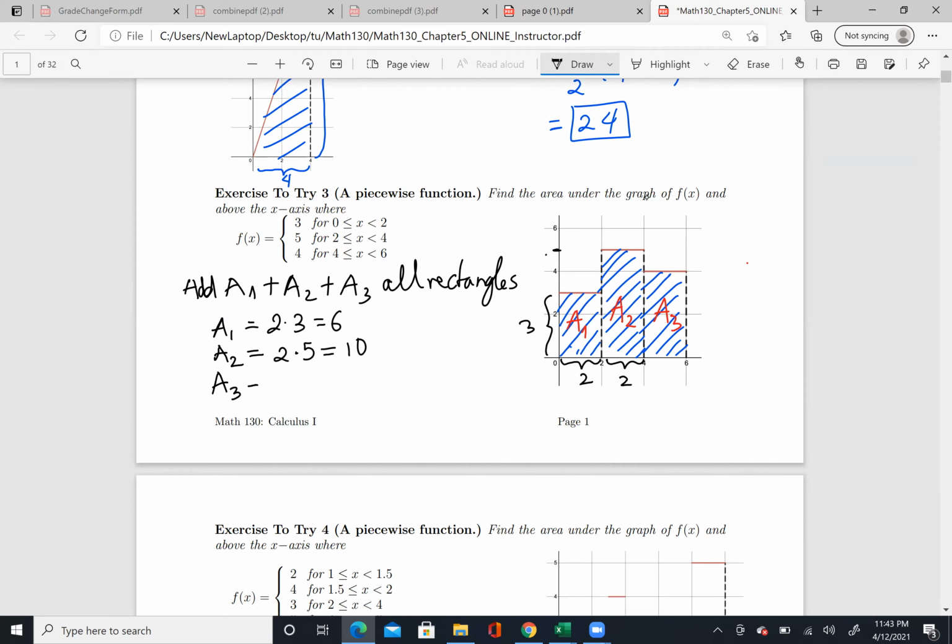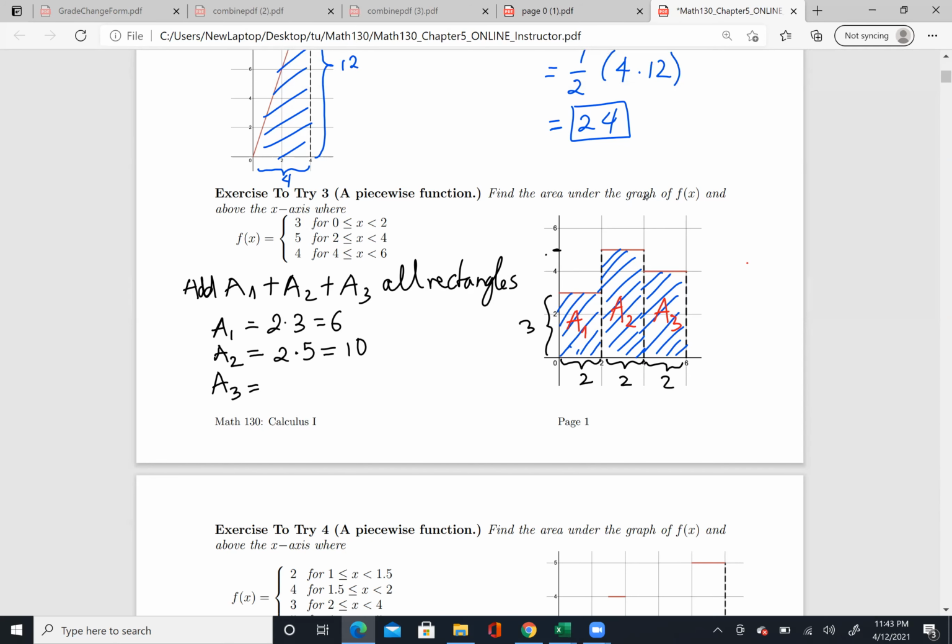And then A3 equal to 2 times, here the height is 4, right? So 2 times 4 equal to 8. Then when you add them all up, big A will be equal to 6 plus 10 plus 8, which equals 24. That's the answer.